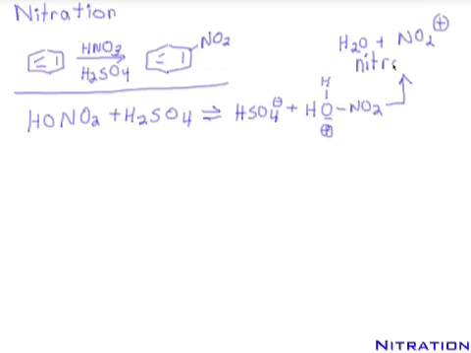Nitronium ion. NO2+ nitronium ion, if I draw its Lewis structure, looks like this, where the nitrogen has a formal charge of +1. Because of the positive charge on the electronegative atom, nitronium ion is a powerful electrophile.